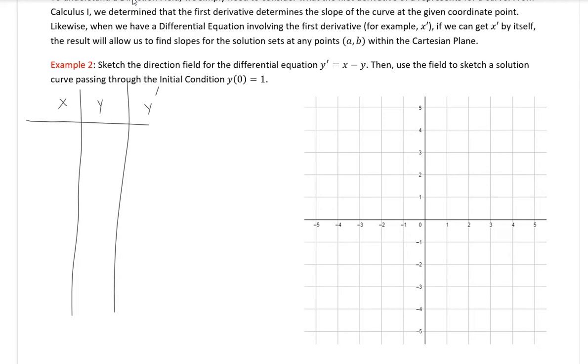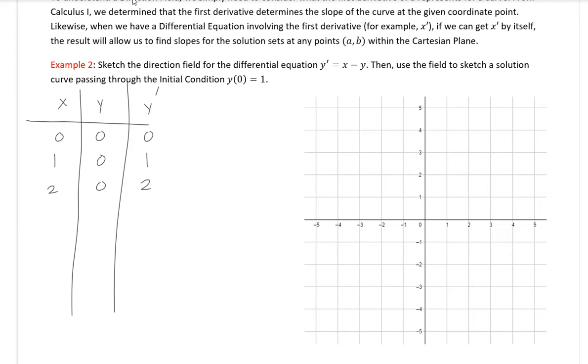Okay, so say x is 0, y is 0. 0 minus 0 is 0. Nice. How about x is 1, y is 0? Just another coordinate pair. That's going to be 1 minus 0 is 1. 2 and 0 is going to give me 2.